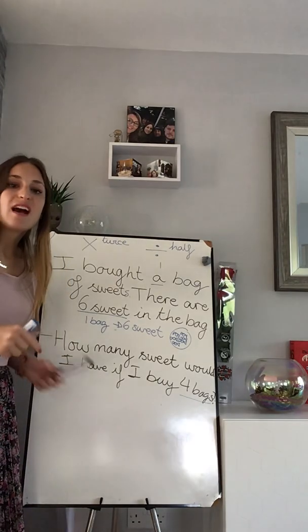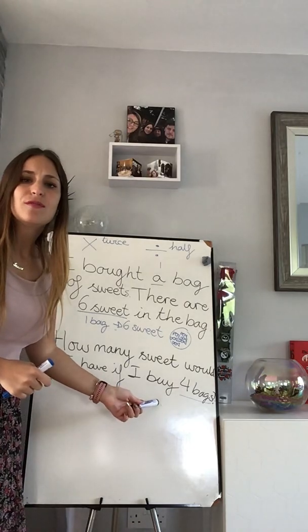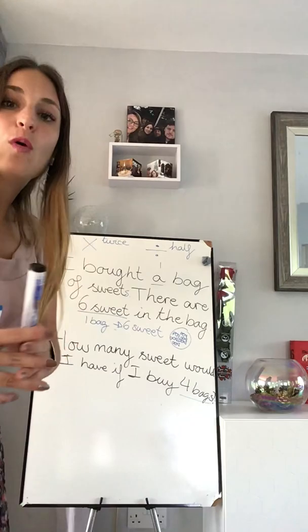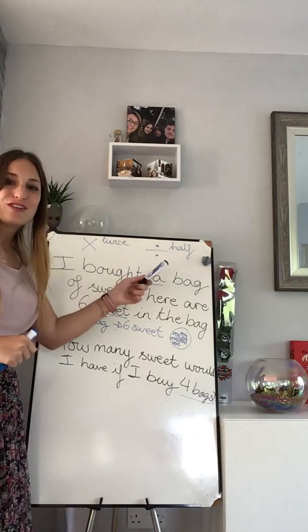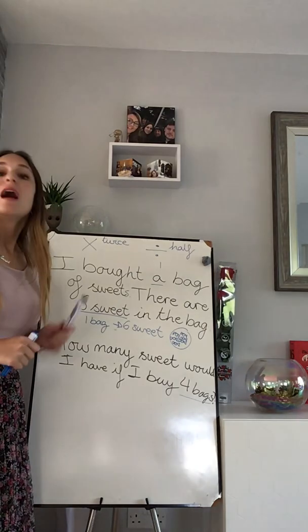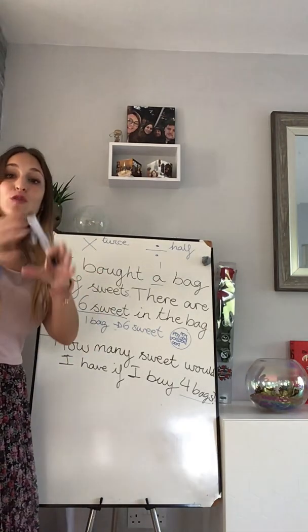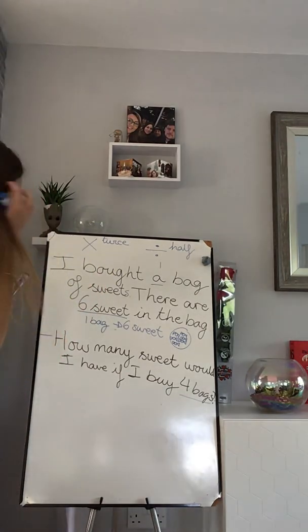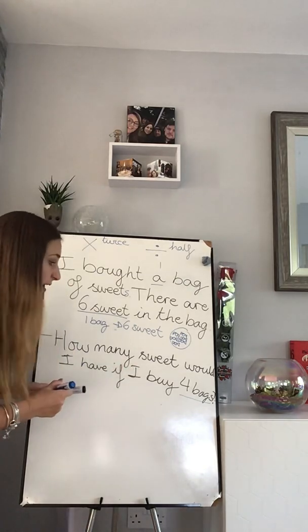So I am buying that bag. I'm buying 4 bags, so I'm buying that bag how many times? 4. Multiplication or division? I'm buying the same bag, same type of bag, 4 times, so I'm going to need to use multiplication. So, if I want to know how many sweets will I have.